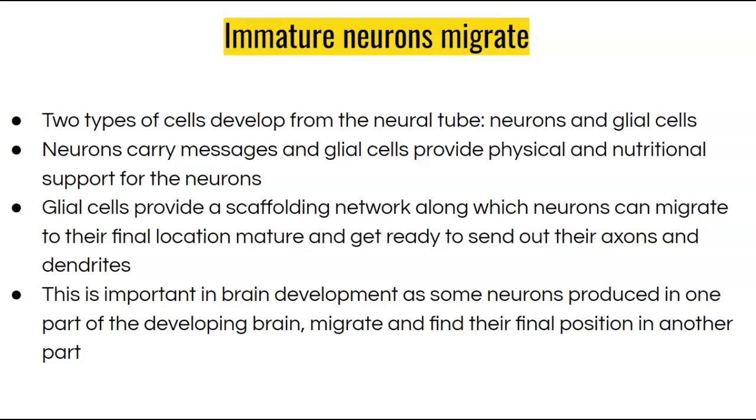They also don't really develop anymore as you grow outside of the womb. If you headbang a lot and you kill a lot of your brain cells, they don't come back. But anyways, the idea here is that immature neurons, as they're developing, will start in one specific area depending on where those glial cells are that can support them, and where they end up could be somewhere totally different.